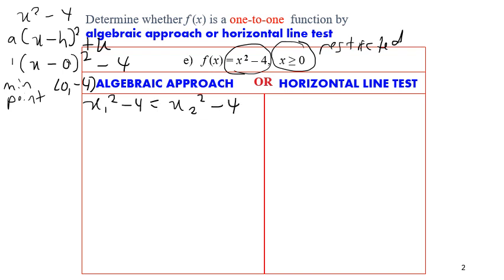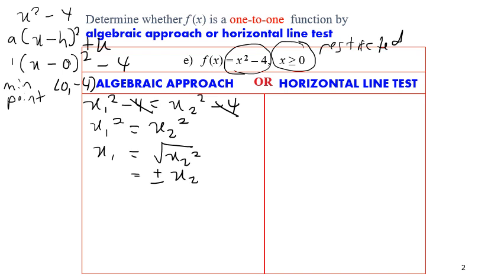Okay, and then we can cancel out negative 4, and then x1 squared equals x2 squared. So remember the previous video, when we eliminate the square, here it would be the square root of the square, so it would be plus or minus x2, which would be not one-to-one.